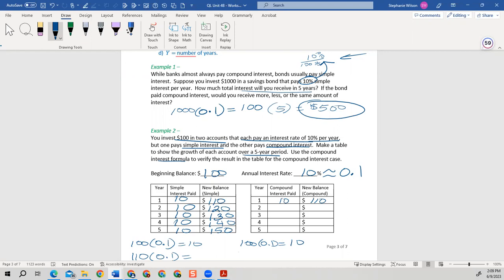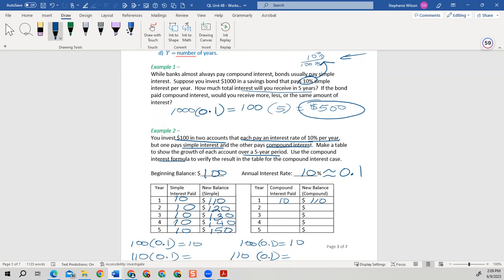So now I'm going to take that $110 and multiply that by 0.1. So in simple interest, they calculate what you're going to accrue at the very beginning, and then they apply it all the way through. Compounded, it's going to compound on the amount that's in there. So if you put more money in, it's going to give you more.